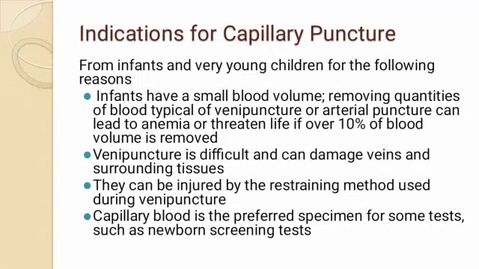Vein puncture is difficult and can damage veins and surrounding tissues. They can be injured by the restraining method used during vein puncture. Capillary blood is the preferred specimen for some tests such as newborn screening tests.